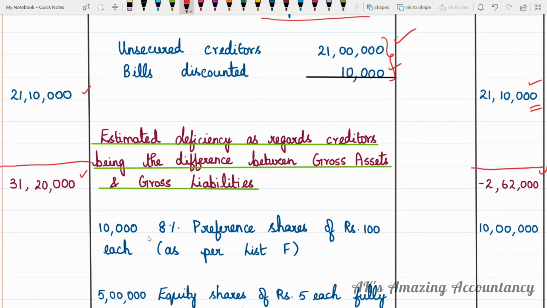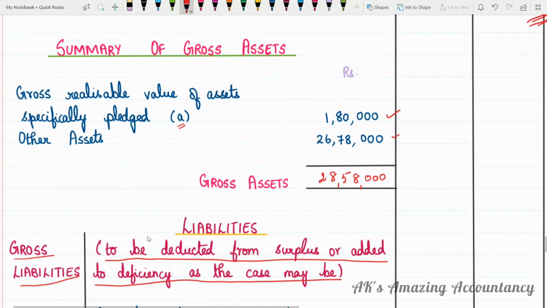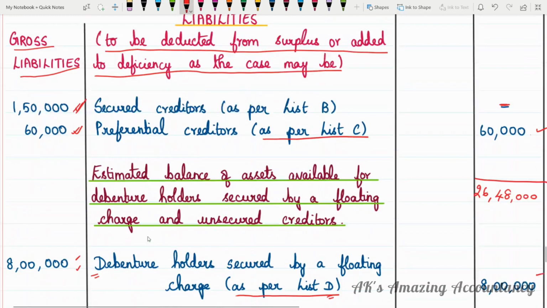This 31 lakh 20,000 is the total of gross liabilities, and this has to be compared with the total of gross assets which you had under the summary of gross assets. So, how much is gross assets? 28 lakhs 58,000 is the gross assets. Okay, gross assets is how much? 28 lakh 58,000.